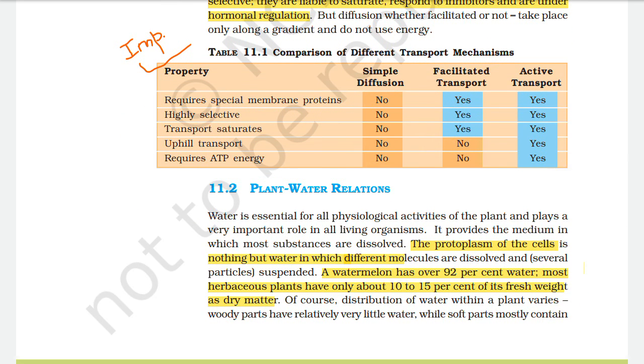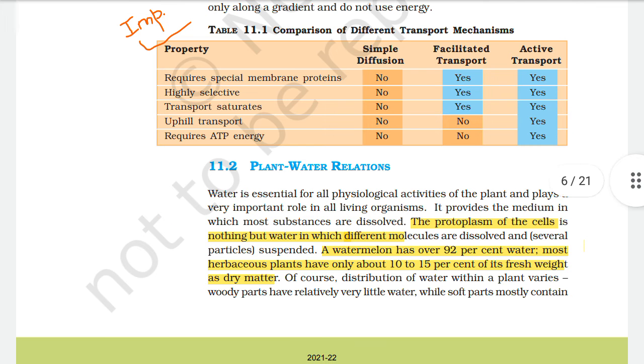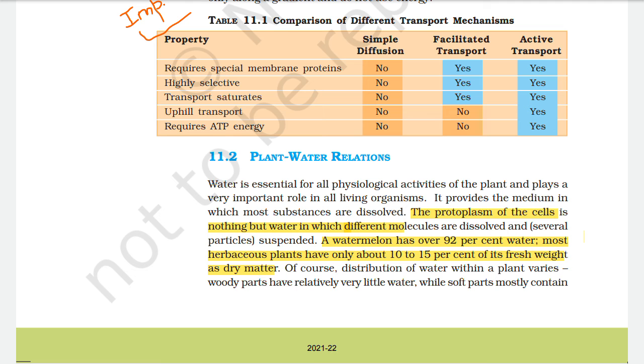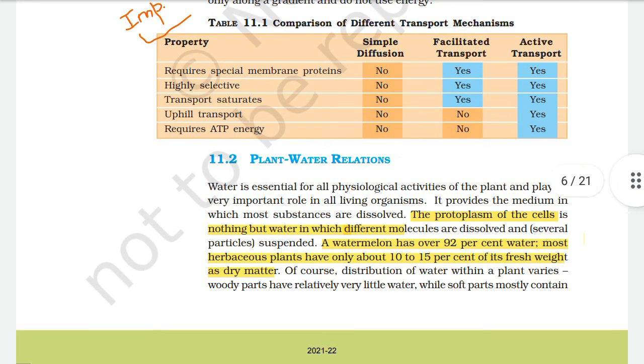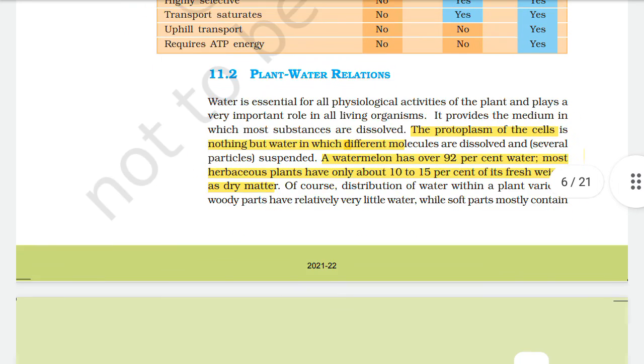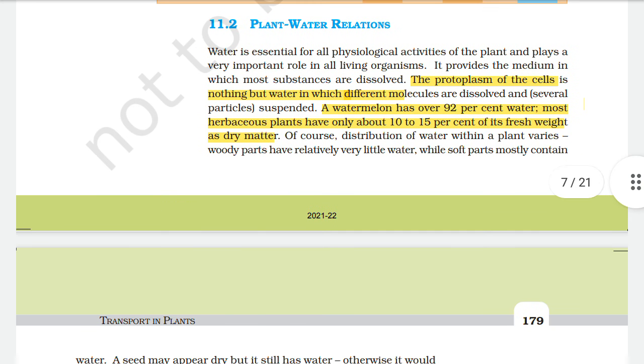In case of simple diffusion there is nothing required, no energy, no proteins. No saturation, no selectiveness, no specificity. Diffusion is very simple, random, and a slow process. ATP is required only in active transport. Uphill transport is also only in active transport.